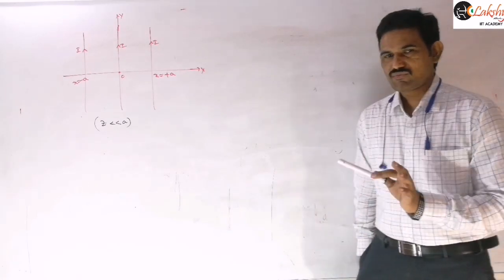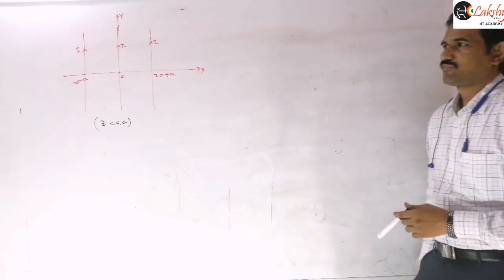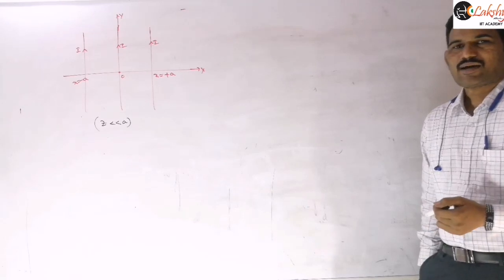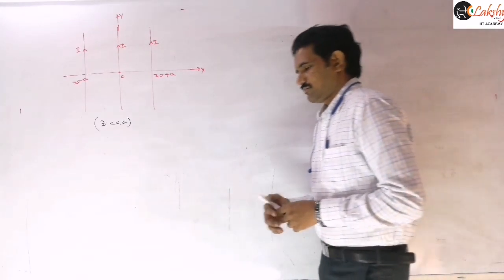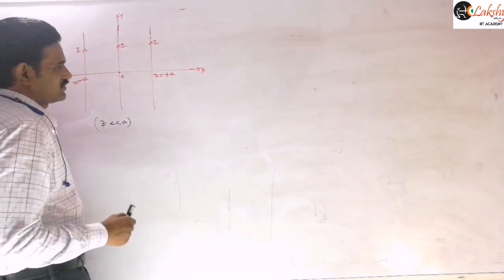Remaining 2 wires are fixed and lambda is the mass per unit length of each wire. That means mention that also, remaining 2 wires are fixed, lambda is the mass per unit length of each wire.